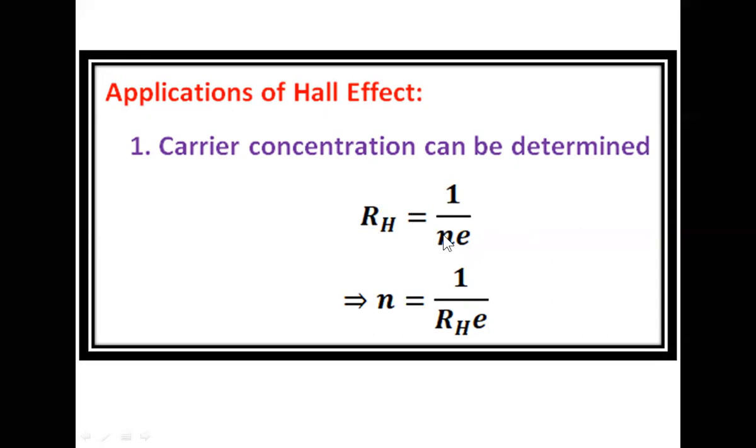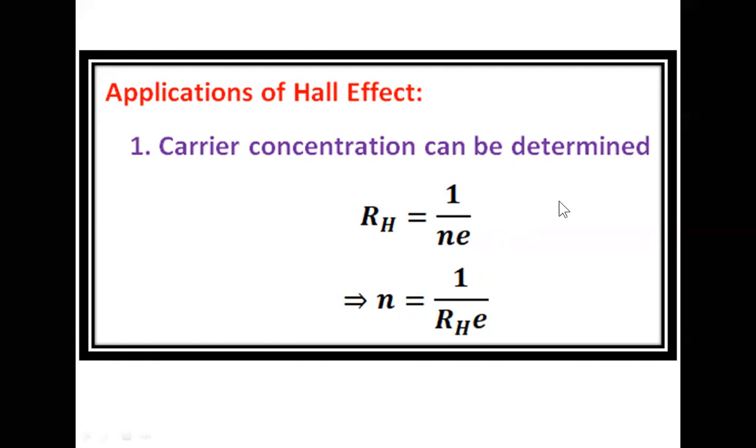N represents the electron concentration in the semiconductor, which can be determined by substituting the value of RH, that is the Hall coefficient that we have just measured. That means if you know the value of Hall coefficient for a given semiconductor from the Hall experiment, then one can determine the value of electron density in that particular semiconductor. This is the first application of this Hall experiment: the electron concentration can be measured.